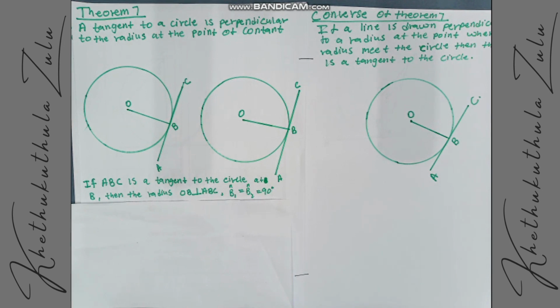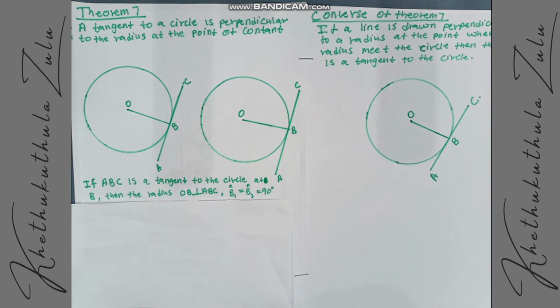Today I'm doing theorem 7, where we are talking about tangents. There are different types, there are three. We have tan perpendicular radius, and we also have where we have two tangents, and if those two tangents are equal, then we have something, but we'll talk about that one.